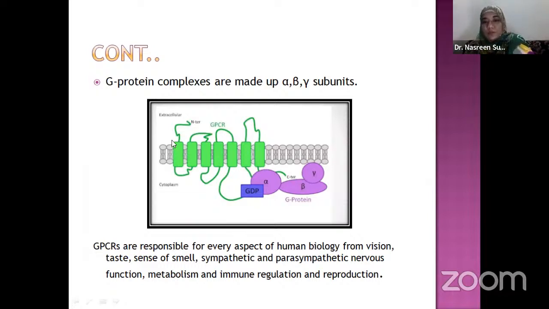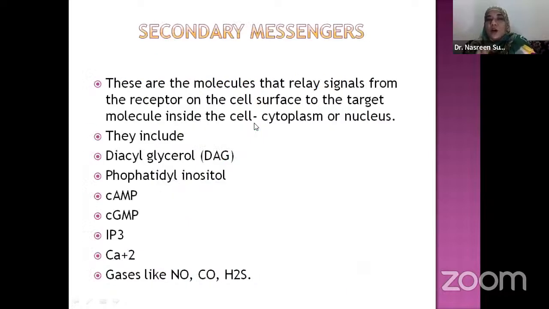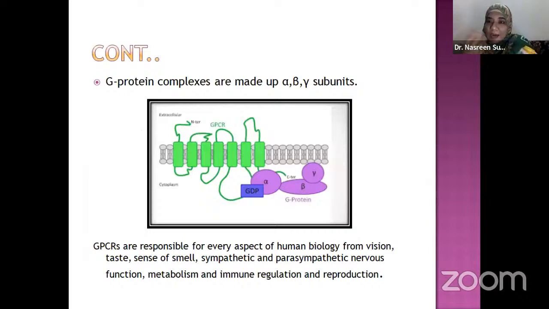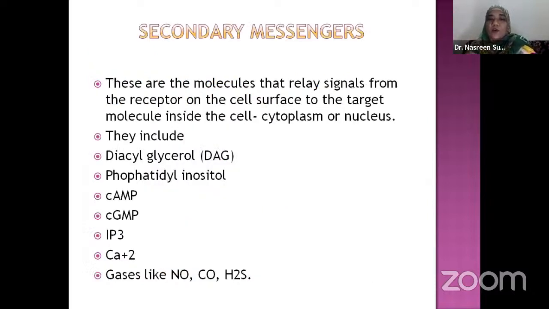Understood? Now, in this system, when the G protein is activated, several secondary messengers are released in the cell. They are going to relay the signal, that is, pass the information from the cell surface to the target molecule inside the cell.